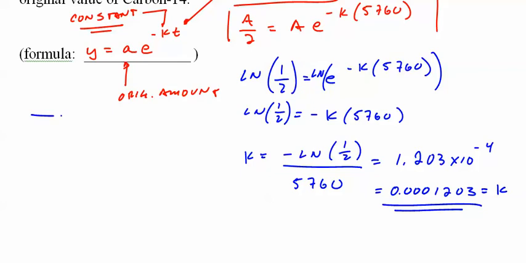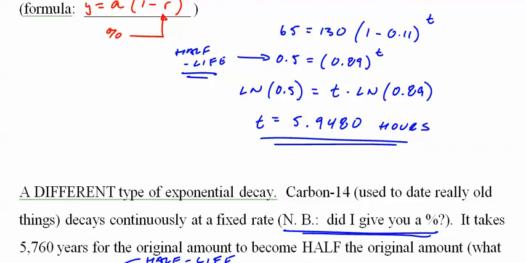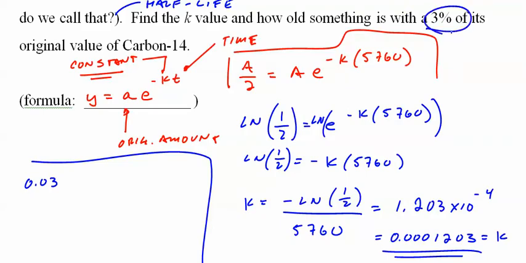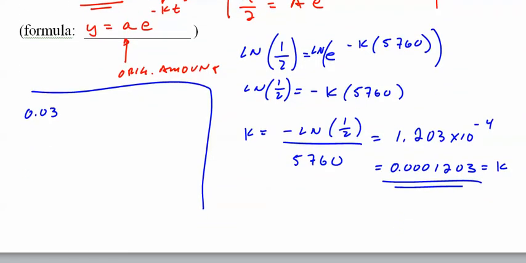So now we can use it. How long does it take to get to 3%? That's what it says right here. We do some math. We say, hey, it's 0.03 of the original amount. Divide out the a.